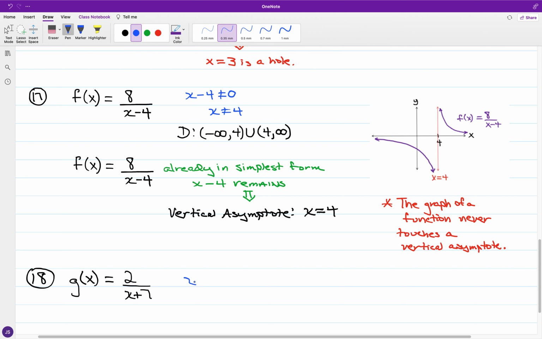So for the restriction, again, x plus 7 cannot be 0, so x cannot be negative 7. And for the domain, you have those values of x less than negative 7, and those values of x which will be greater than negative 7.